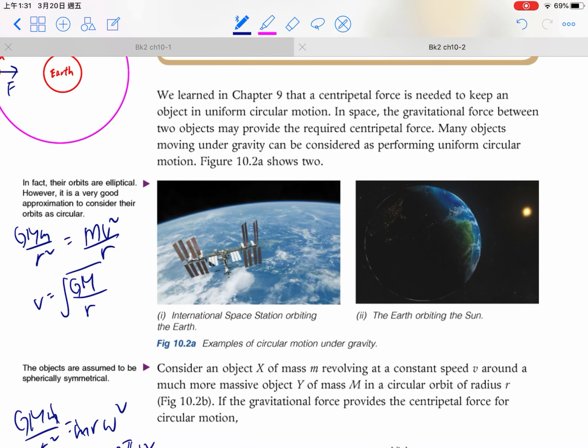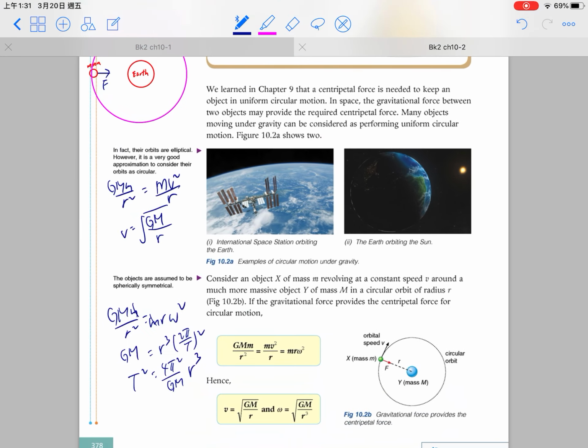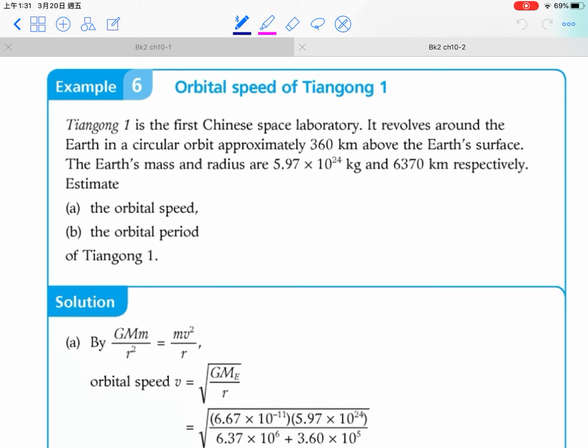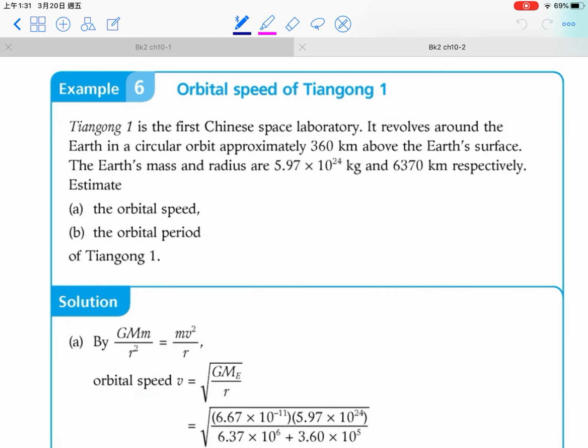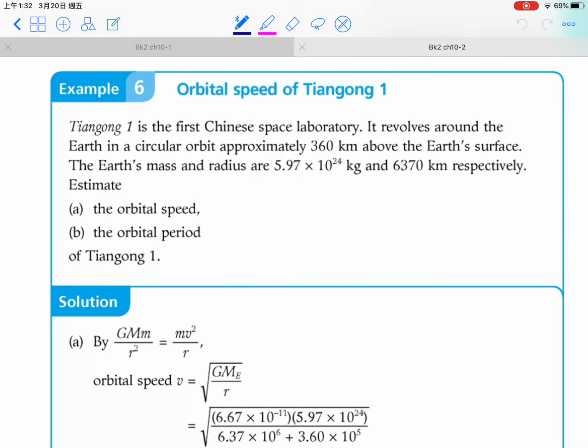That is, we have to apply circular motion and gravitation together. Now maybe we take a look at example 6. A Chinese Space Laboratory revolves around the Earth in a circular orbit.